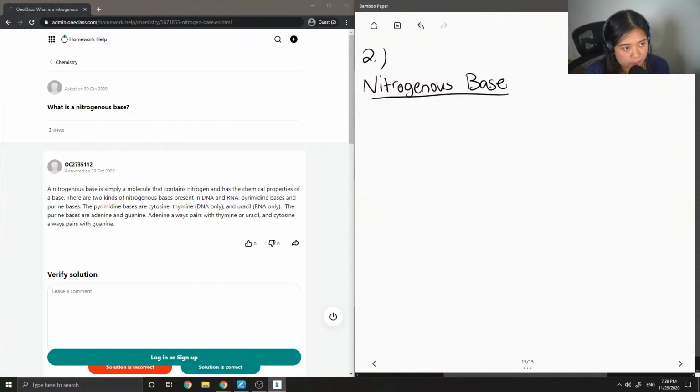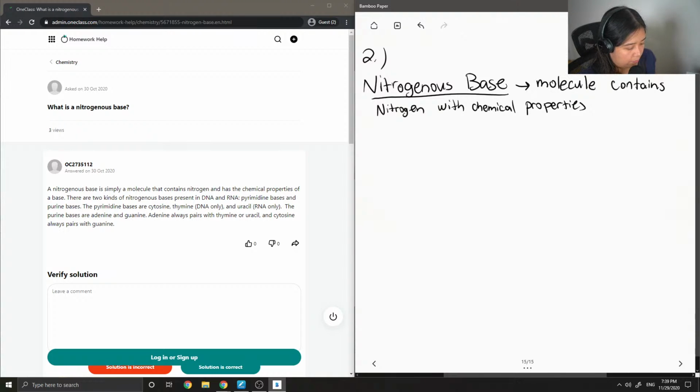So even just looking at the word nitrogenous base, we can gather that it is a molecule that contains nitrogen, with chemical properties of a base.